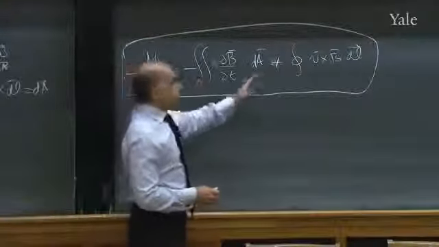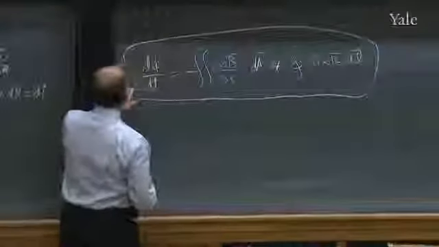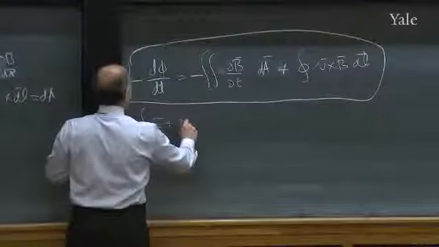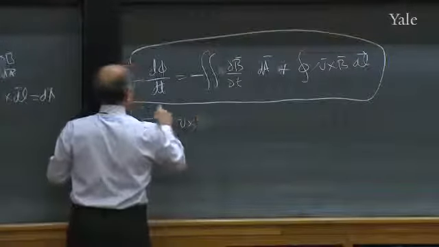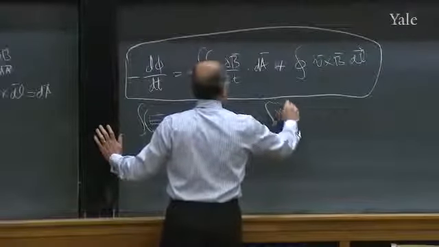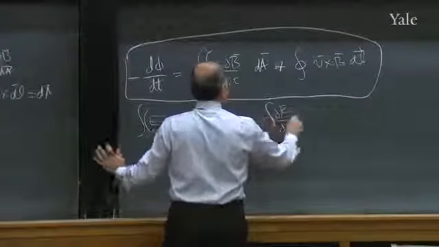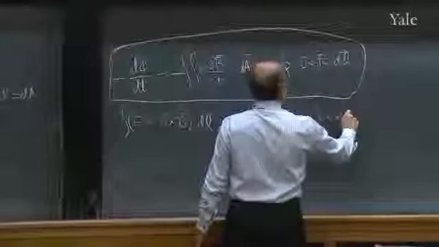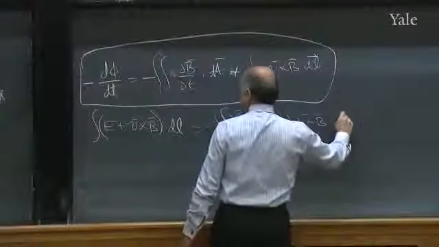And together, they make these two contributions. But EMF is equal to minus the integral of all the electric forces and the magnetic forces. That's equal to minus the integral of ∂B/∂t dot dA plus the integral of v cross B dot dl.